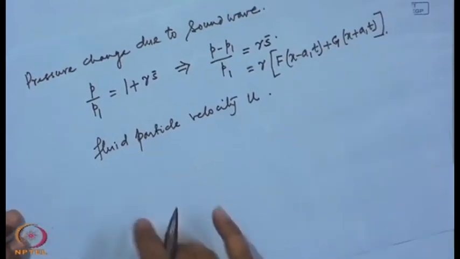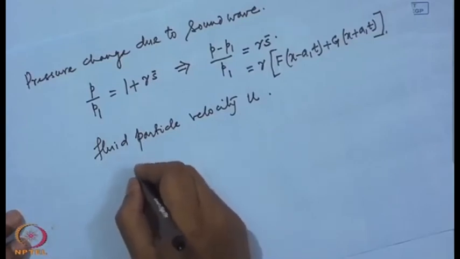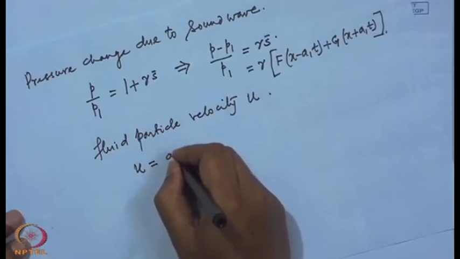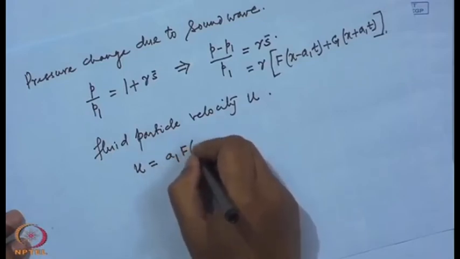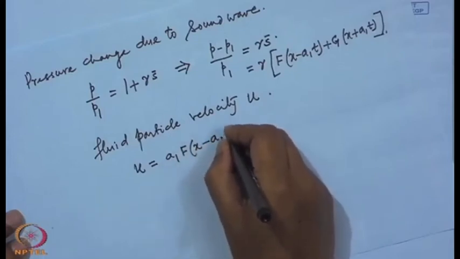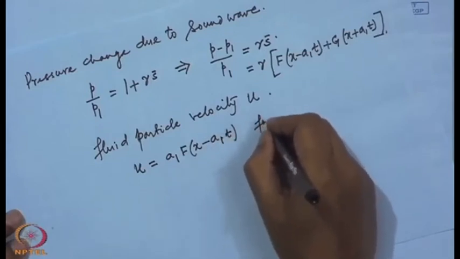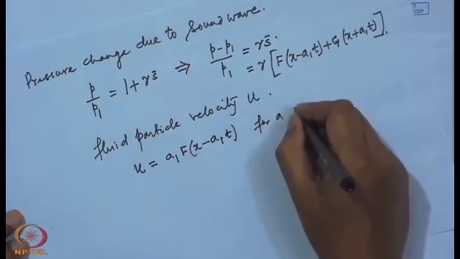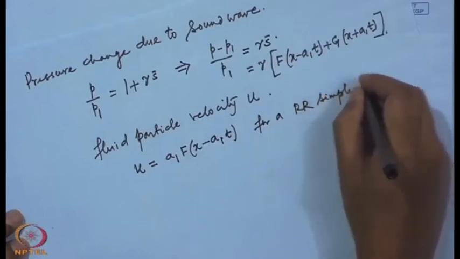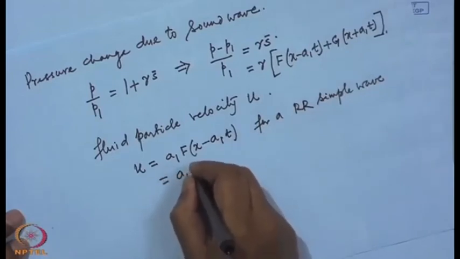For a simple wave, the velocity disturbance is, as you have already seen, u equal to a1 f(x minus a1 t) for a right running simple wave, which of course is equal to a1 s bar.